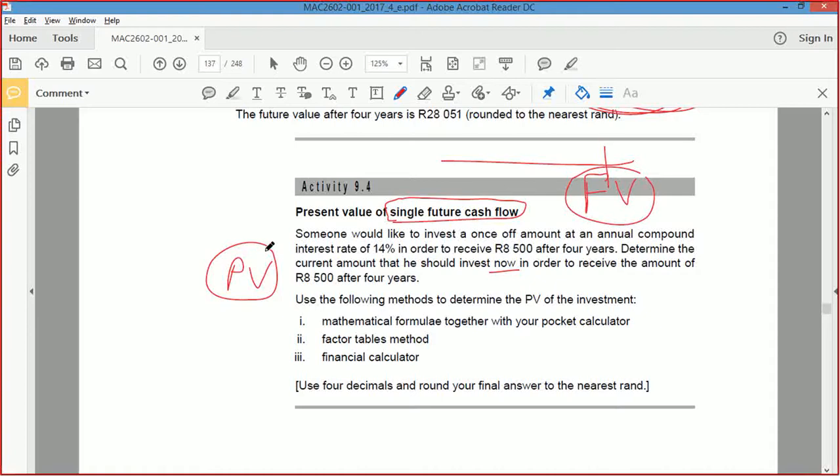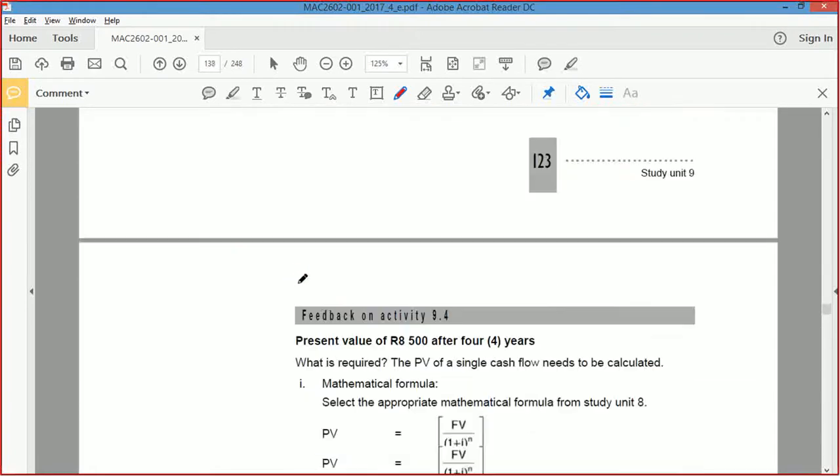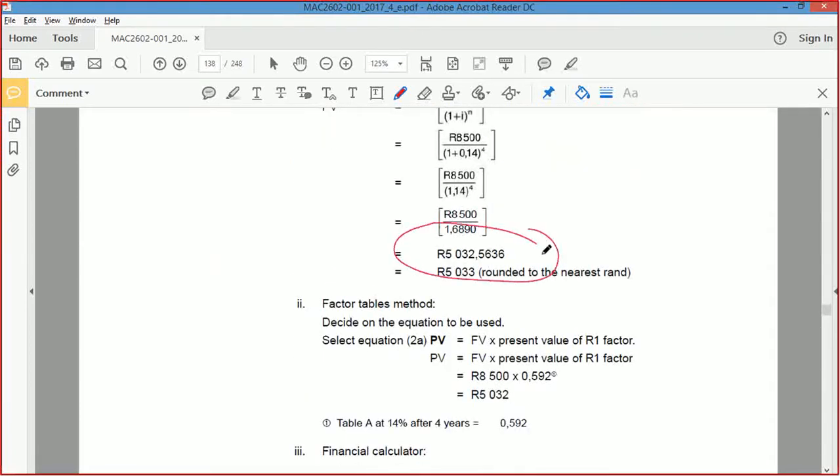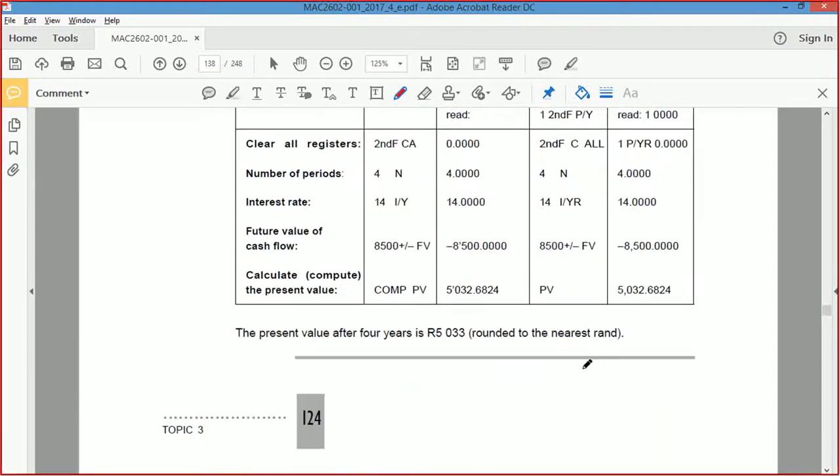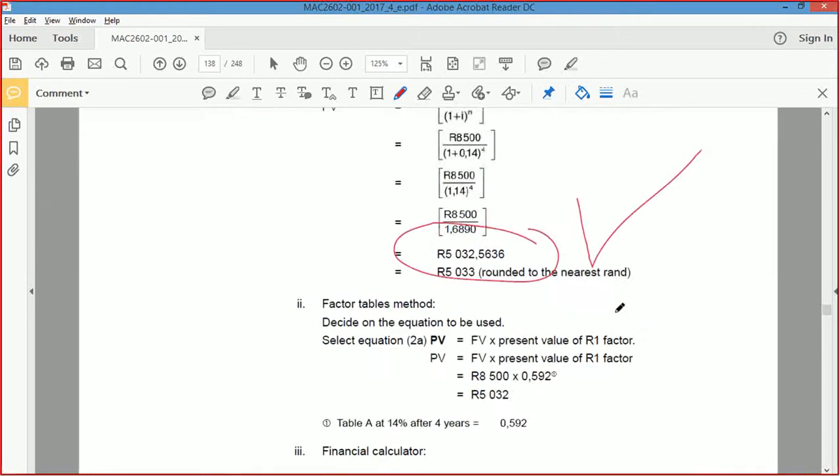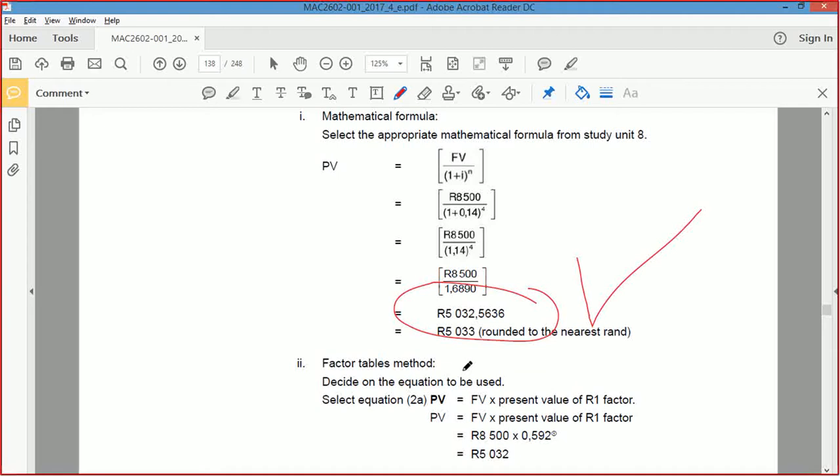You will receive 8,500, which is your FV, in 4 years, which is your N, and we're trying to solve for PV, which is 5,032.68. Perfect. 5,032 is right, and 68 cents is even more accurate. The calculator gives you a more accurate cents figure than you would get using the factor or the mathematical equation.